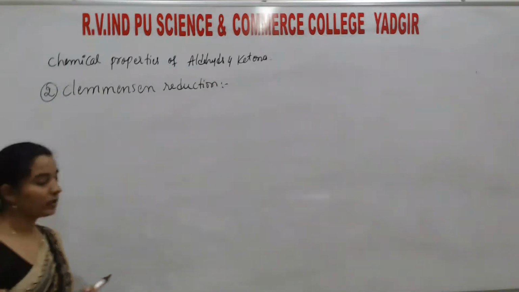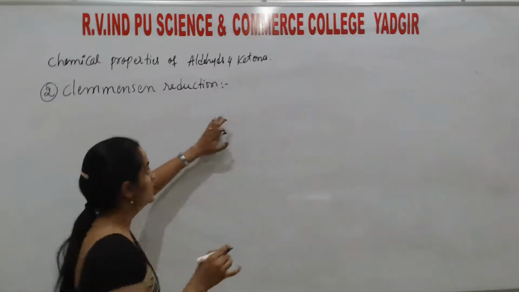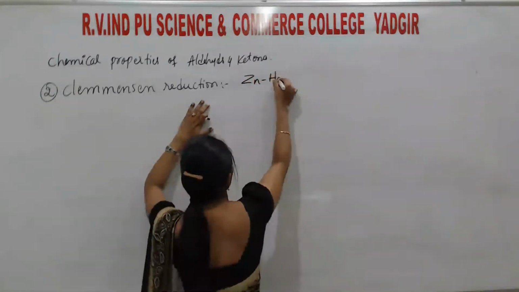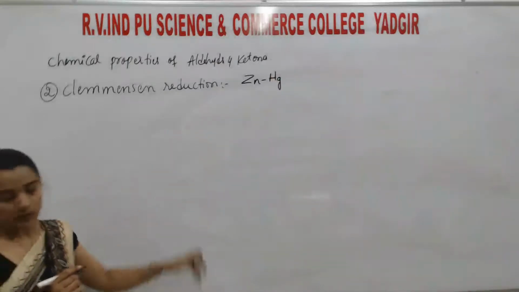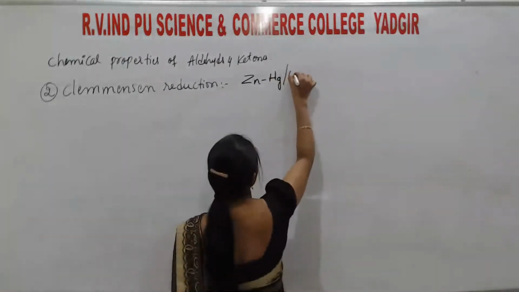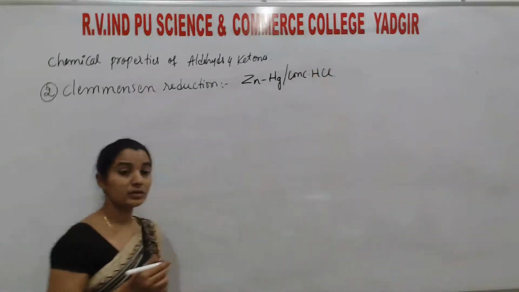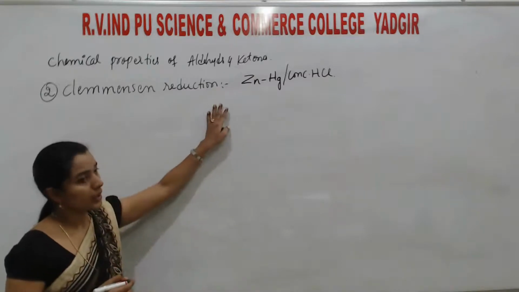Okay, so here this is also reduction. Why is it called Clemmensen reduction? Because they are using zinc amalgam as a reagent, zinc amalgam in concentrated HCl. These are the special type of reactions. This is also a reduction.